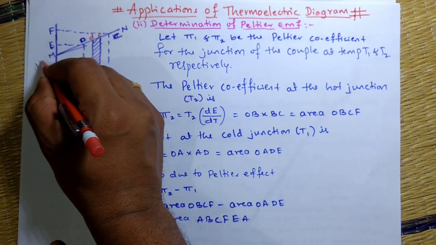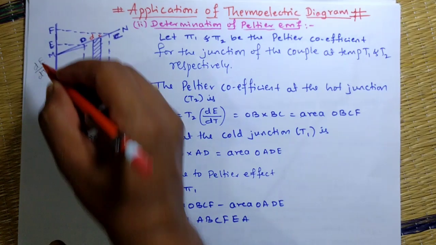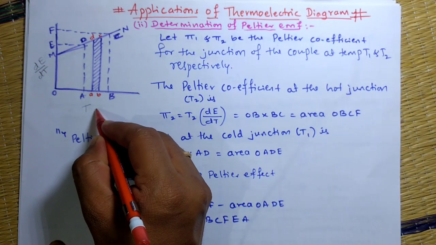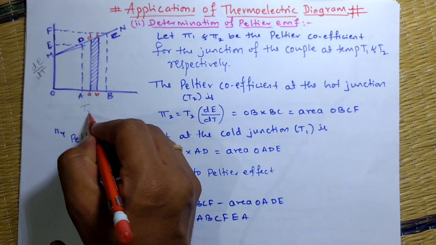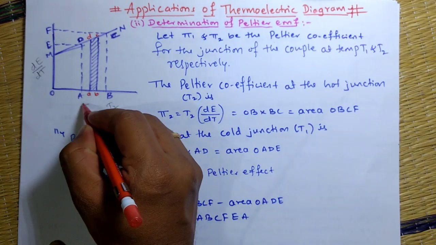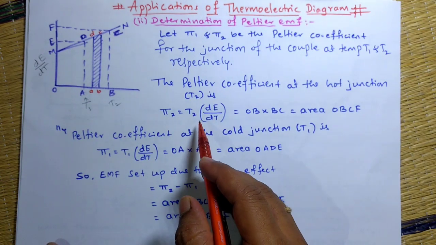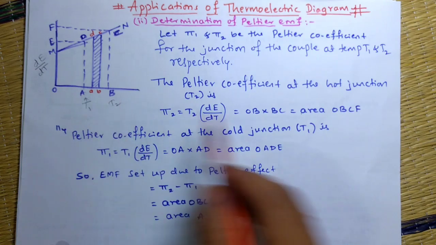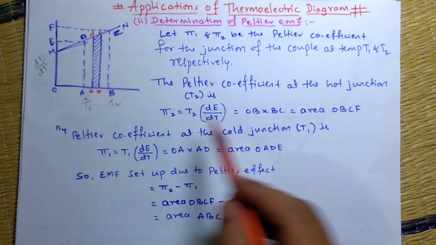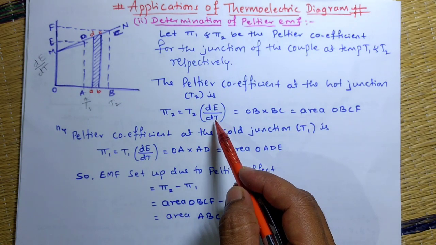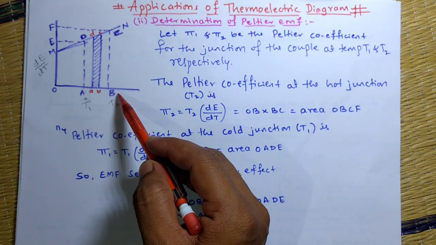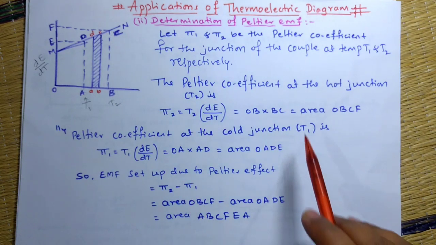See here, dE/dT, and this is the temperature axis, this is T1 and this is T2. So for T2, that is OB into dE/dT, that is BC, right?